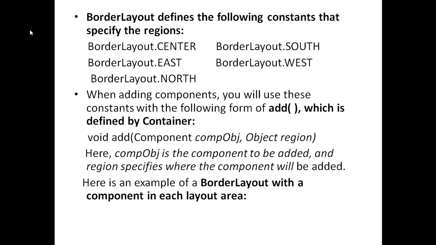BorderLayout also defines the following constants that specify the regions of the window. These constants are BorderLayout.CENTER. This is a constant, so we need to write CENTER in capitals. Next, BorderLayout.SOUTH, BorderLayout.EAST, BorderLayout.WEST, BorderLayout.NORTH.